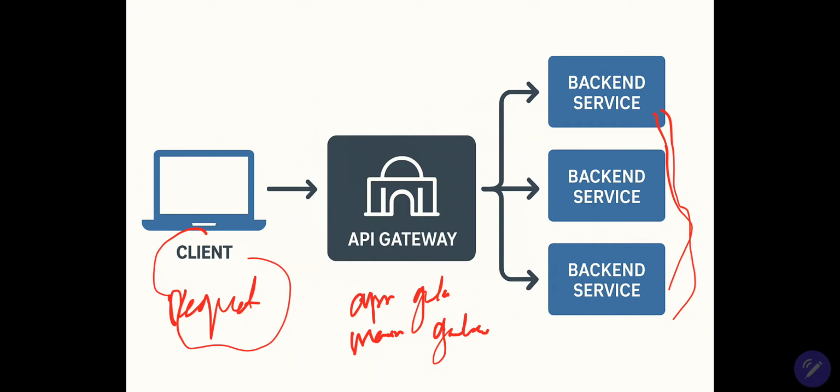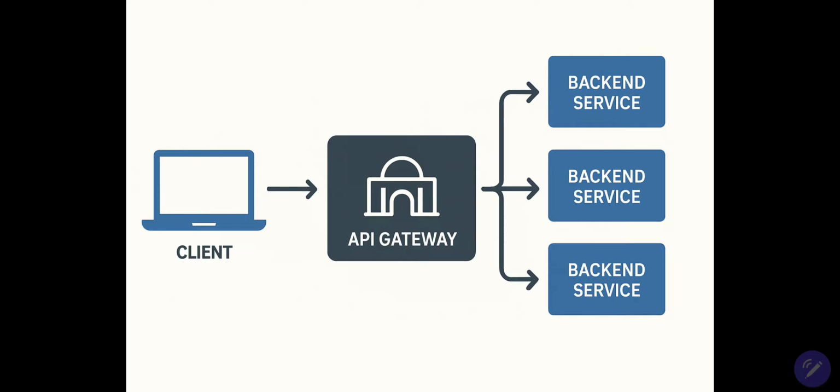Routing means passing requests from the client to the correct services. Okay, number one main function of this API gateway is routing.